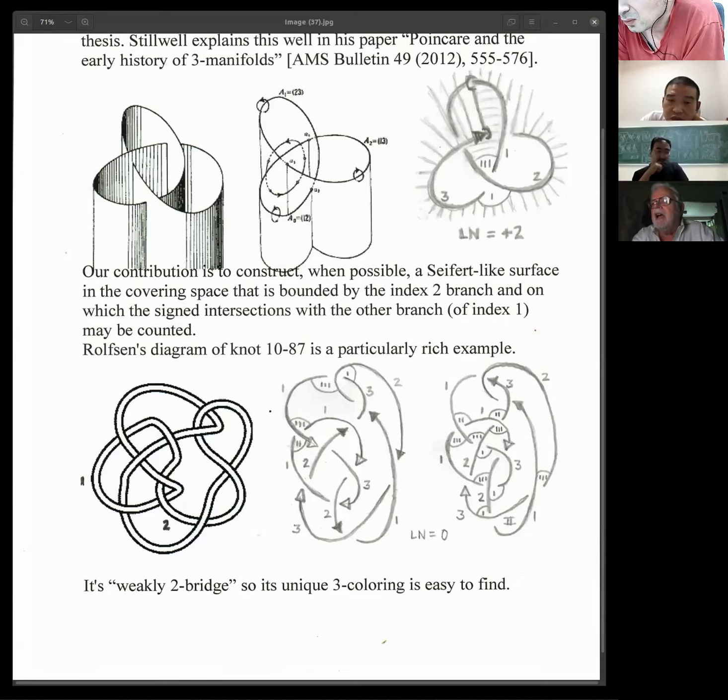So what you then have is a Seifert circle in copy 3 of the covering space, which, as you've wound your way around back to the point of origin, only goes under segments labeled 3. Therefore, you can cap that circle with a disc in copy 3. And that disc will bound that entire portion of the branch curve of index 2.